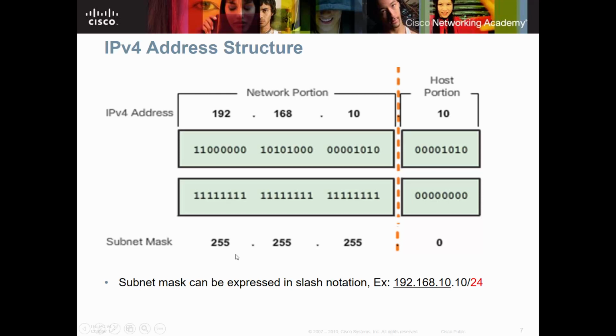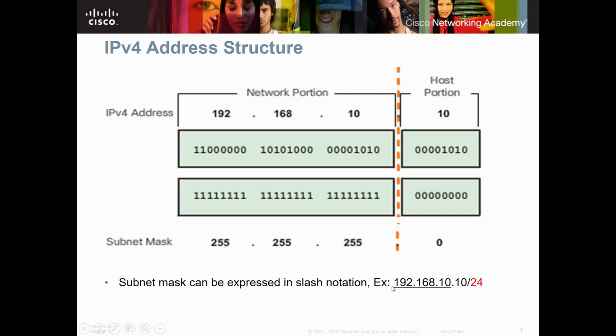Now there is a simplified version of expressing the subnet mask, and that's called the slash notation. So you could also write the same address as 192.168.10.10 followed by /24. The slash notation is another way to express the subnet mask, and what it does right here, it tells us that the first 24 bits of our 32-bit address are the network part of the address.